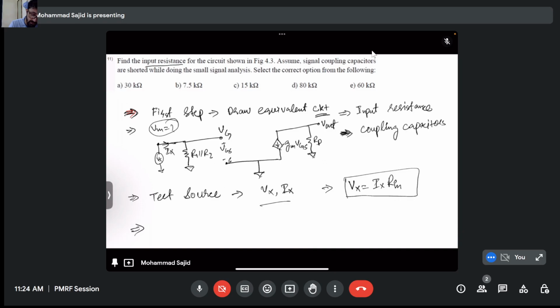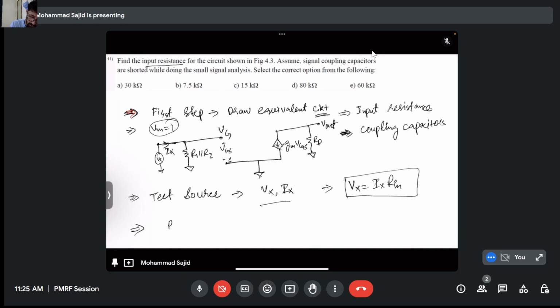So if I apply a Vx and Ix here, we only have one path, that is this one.